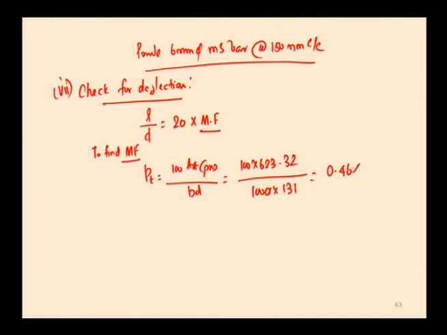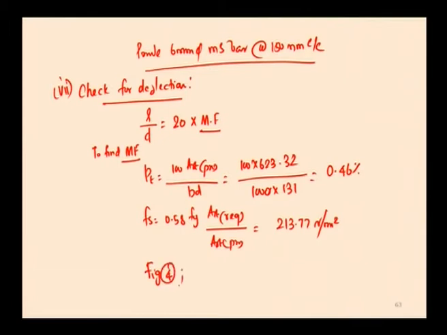Then stress in steel, which is calculated from the formula 0.58 Fy AST required divided by AST provided, I have found is 213.77 Newton per millimeter square. So, from figure 4 of IS 456, the modification factor here is 1.5.